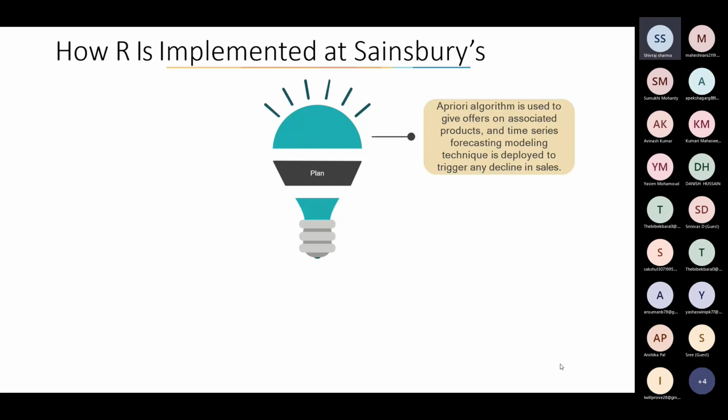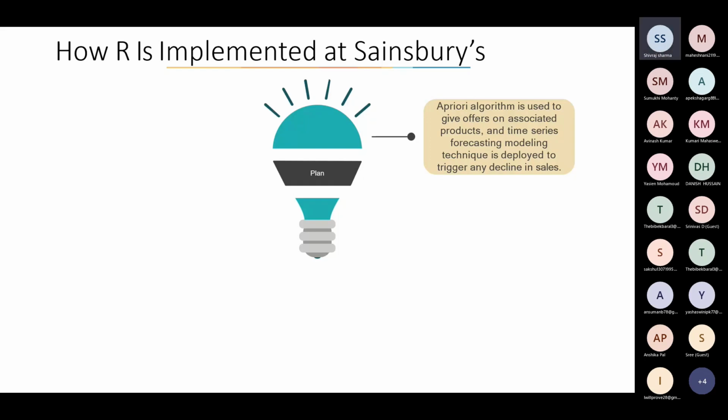So as per the analysis, our language automatically analyzes the data and implements an offer on a particular product which is going downward, right? So how easy it is now for the company and the stakeholders.